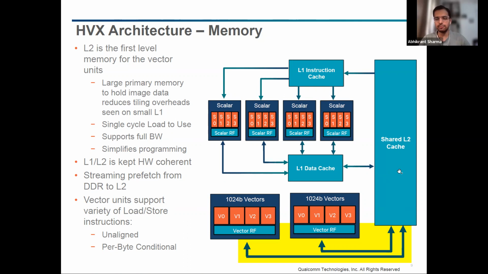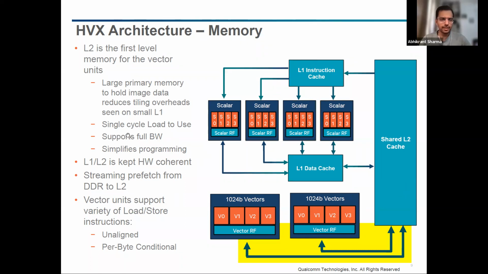So by design, we had a very big L2 cache, and that's the primary reason why the vector units are directly connected to the shared L2 cache, because it is larger in size, and hence it can prefetch bigger images or bigger data from the RAM and store it so that it is quickly accessible to the vector registers. So the vector units are not connected to the L1 cache, they are directly connected to the L2 cache.